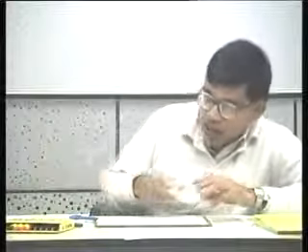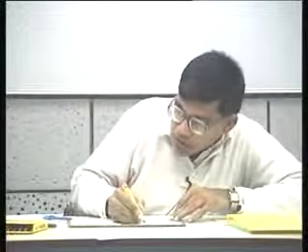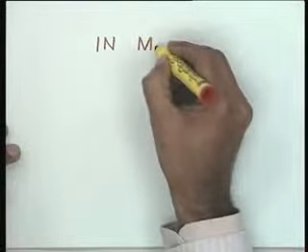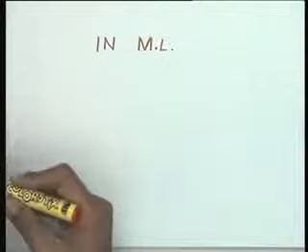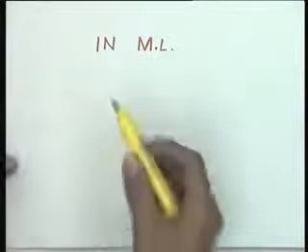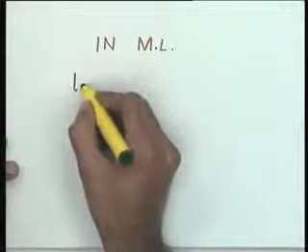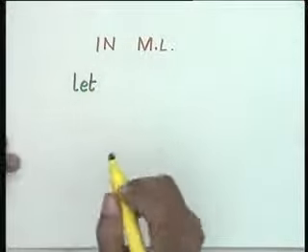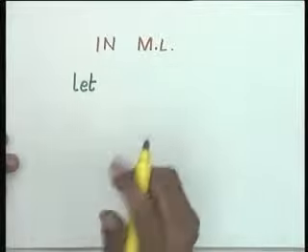Right. So in a language like ML, the typical binding occurrences look like this. A let statement is a typical introduction of a binding occurrence.